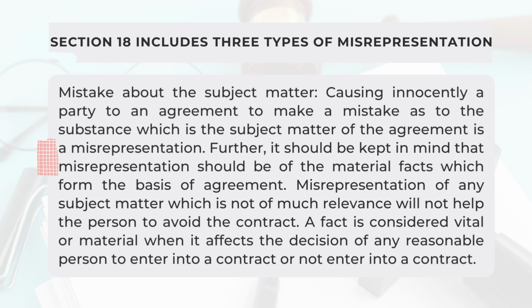Misrepresentation of any subject matter which is not of much relevance will not help the person to avoid the contract. So, a fact which is important, which is vital, which is material, is one that affects the decision of a reasonable person to enter into a contract or not to enter into a contract. So, that is where misrepresentation lies.